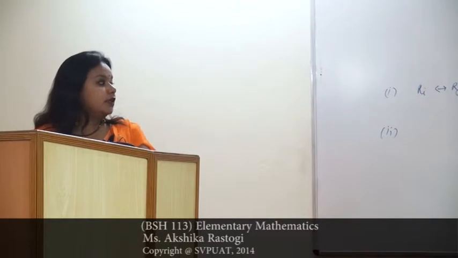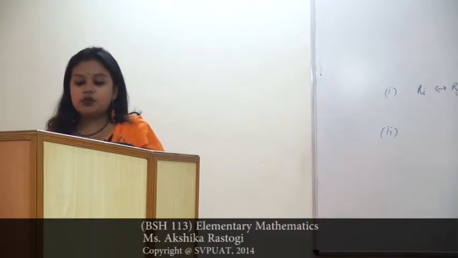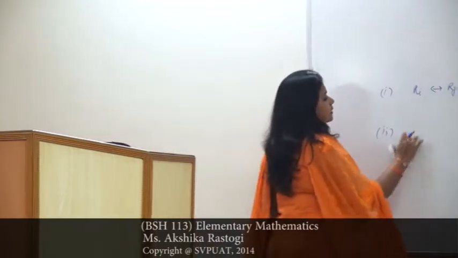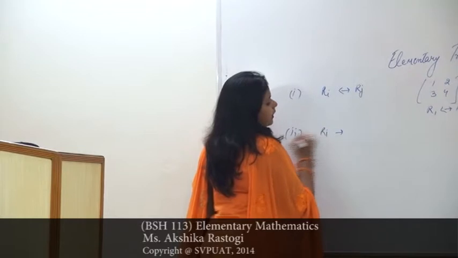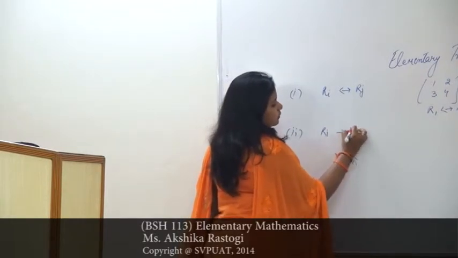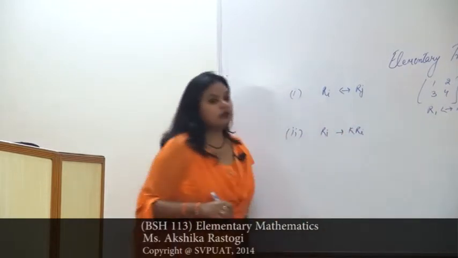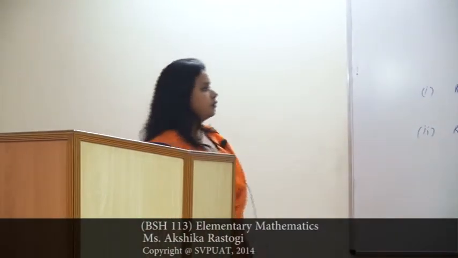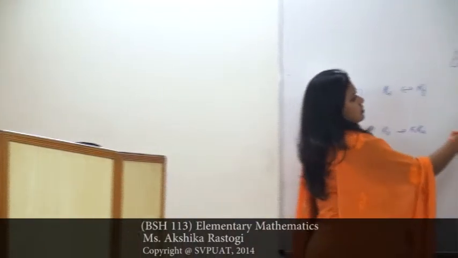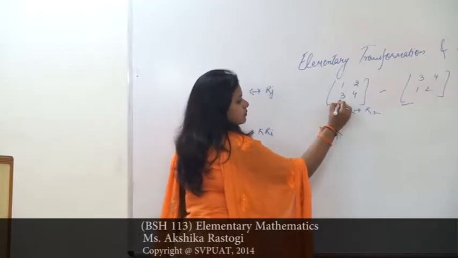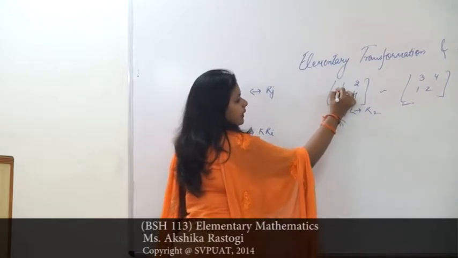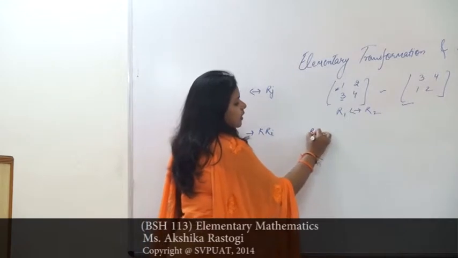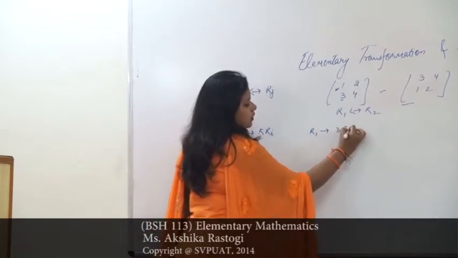Then our second transformation is that the ith row is multiplied by k. K means a constant, so we can multiply a given row by a constant number. Suppose we take this matrix and we have to multiply the first row by a particular constant, then we can write it as R1 becomes 3 R1.